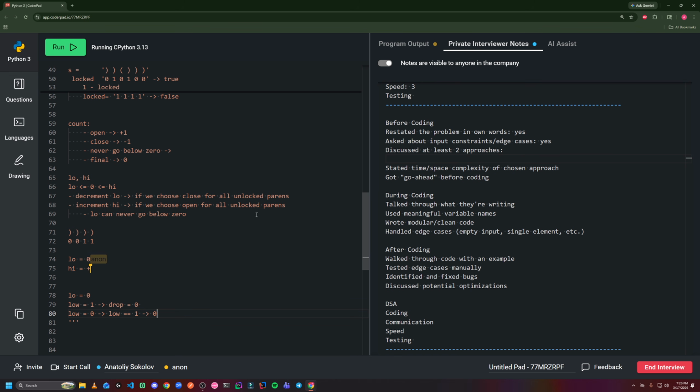I think high becomes +2 here because we could choose to flip this the other way. And then for each of these two, they're locked, so we just subtract -1 for each of these. And we get high equals 0 at the end. And 0 is still within the bounds, so I feel like that would work.